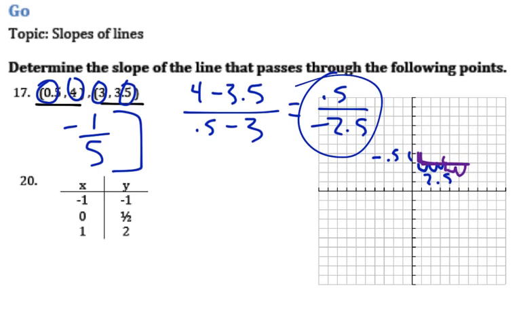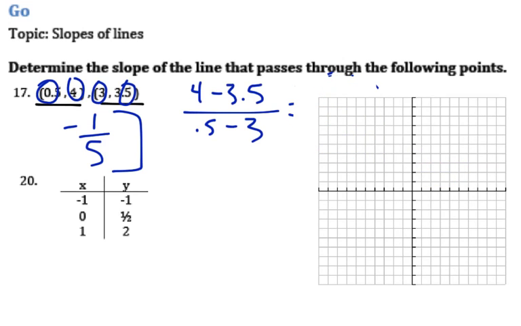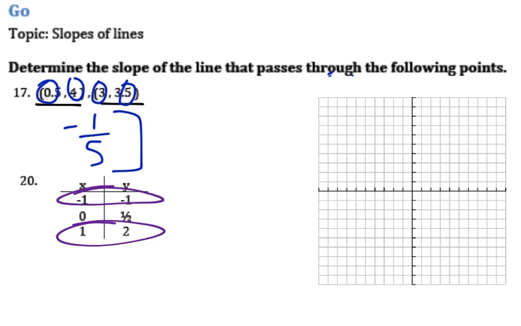Now for 20, what I can do is try to graph some of these. And once again, I've got a decimal, but I would just graph the numbers that aren't decimals, because we can always reduce. So I'd graph this and this. Negative 1 would be right there, and 1, 2 would be up there. Well, that's easy. 1, 2, 3 over 1, 2. So it'd be a positive 3 over 2.